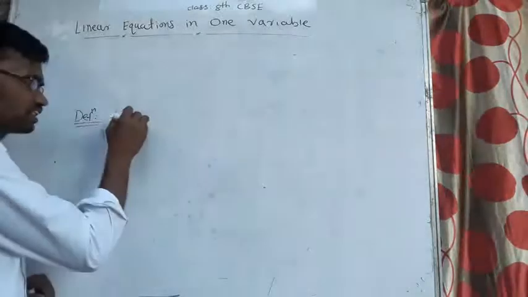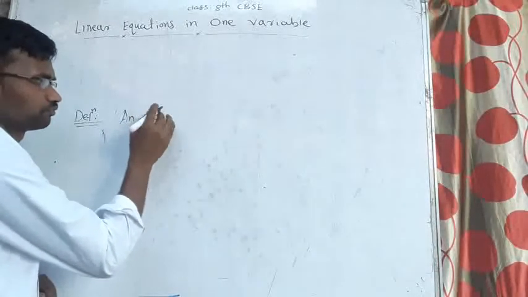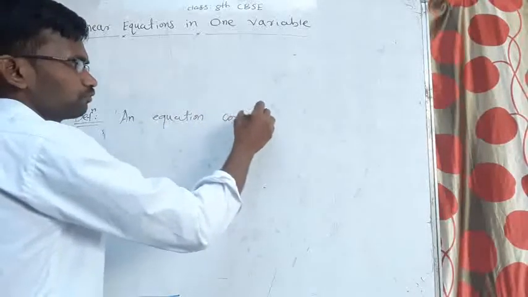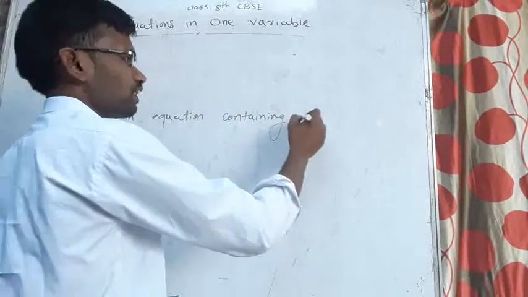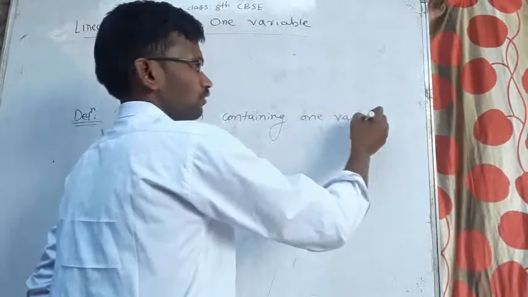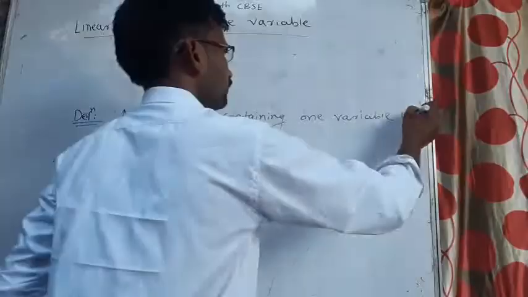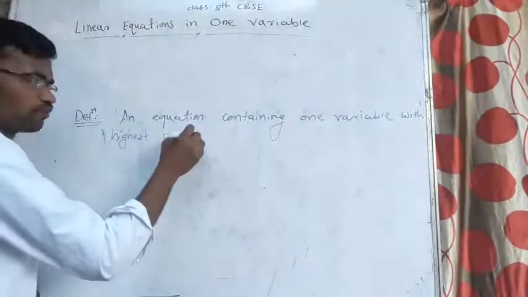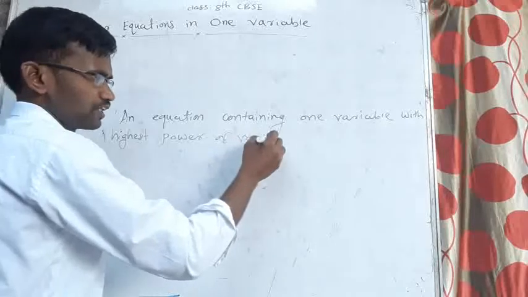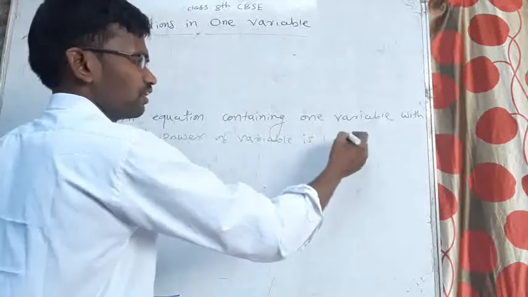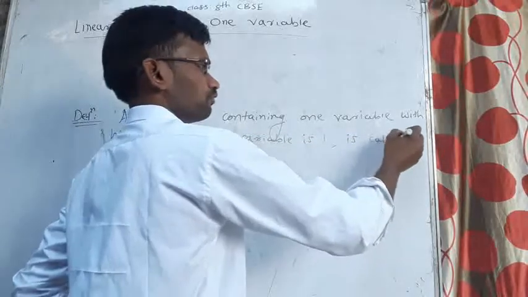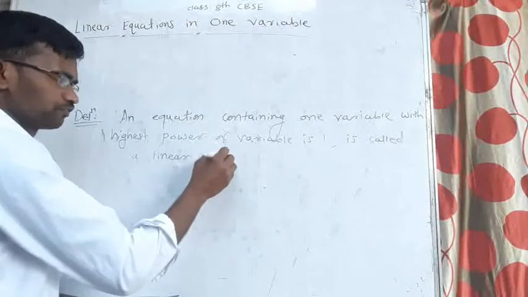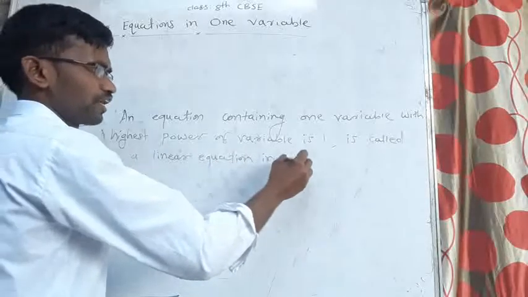So, an equation containing one variable with the highest power of variable 1 is called a linear equation in one variable.